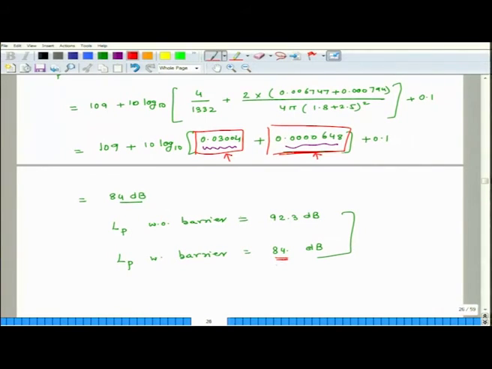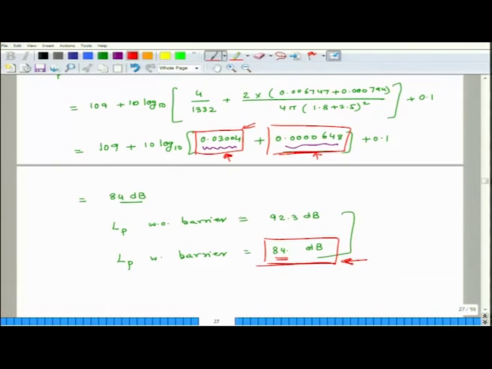So, if I want to significantly go down below 84 decibel level, then I have to do something different than just a barrier. This is probably my limit up to which we can go down in closed doors. In open doors situations, this term will not be there, but in closed doors this term does not change much, and this is roughly the lowest possible value of LP which I will get.